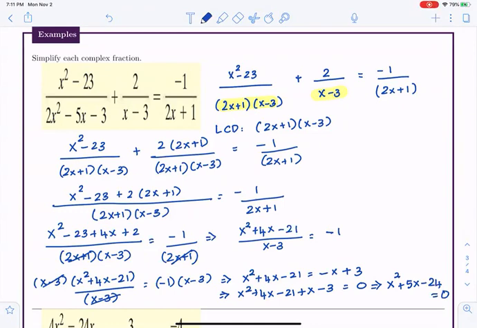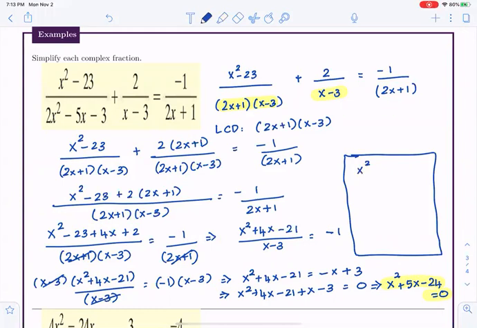Now we have to solve that equation so that we can find the solution. That equation has x squared plus 5x minus 24 on the left-hand side, which means it has two solutions. So how do we find the two solutions? We have to factor x squared plus 5x minus 24.